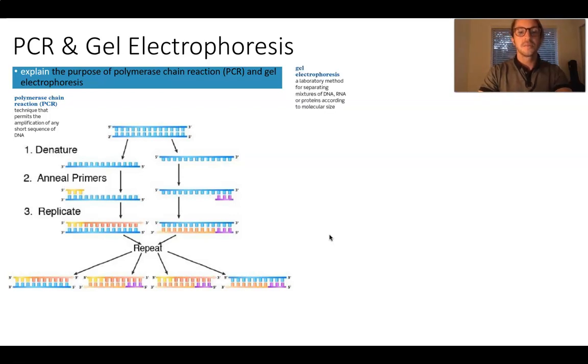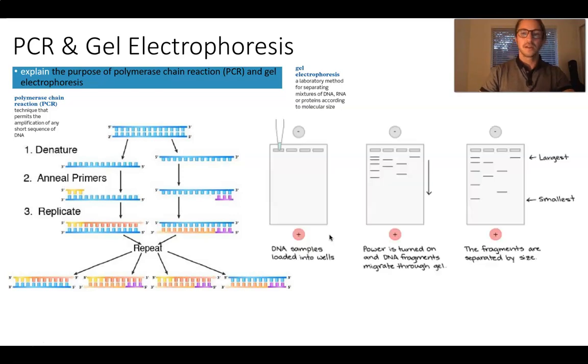In this process, we load our sample of DNA into an agar gel plate, and it's kind of like a sponge in which the DNA moves through, and smaller DNA molecules move further, while larger, slower DNA molecules cluster together at the top. So here's the gel, and we can see the smaller ones, the smaller fragments of DNA, like fragments of base pairs, they just move further.